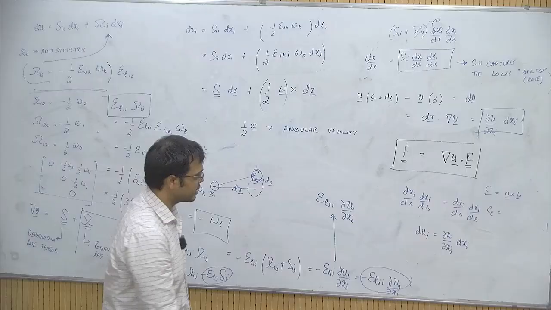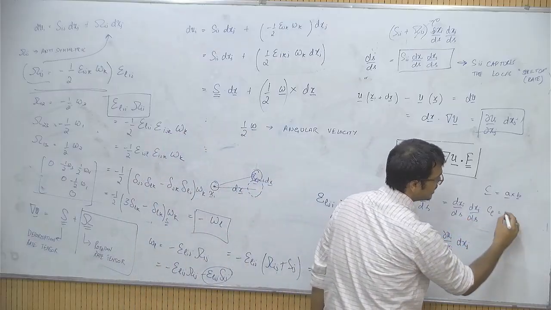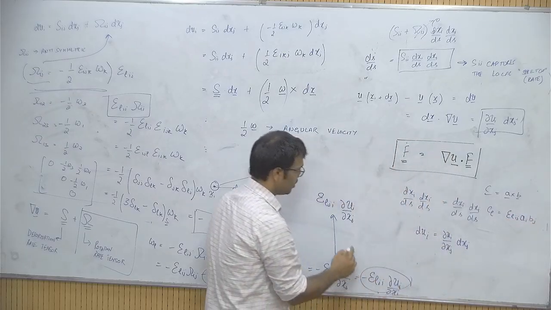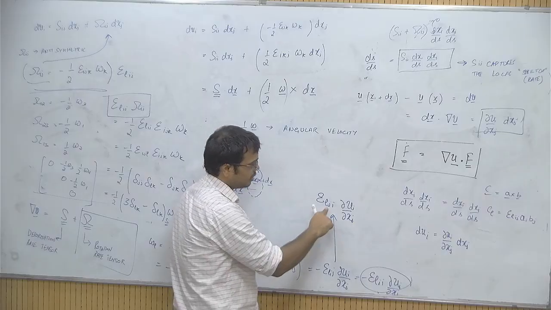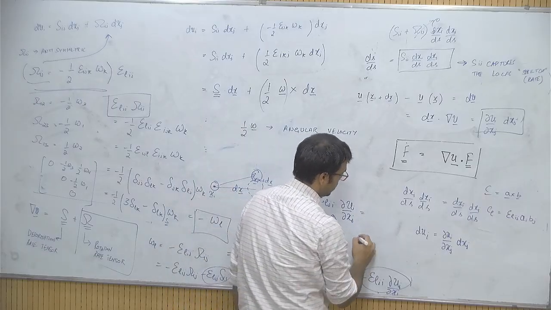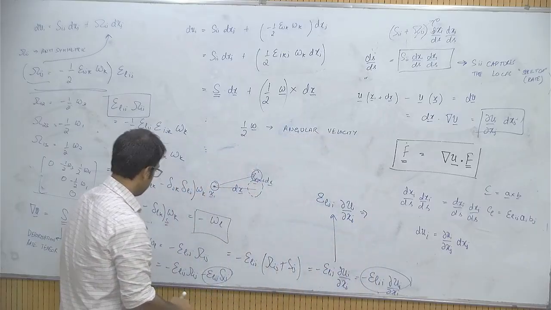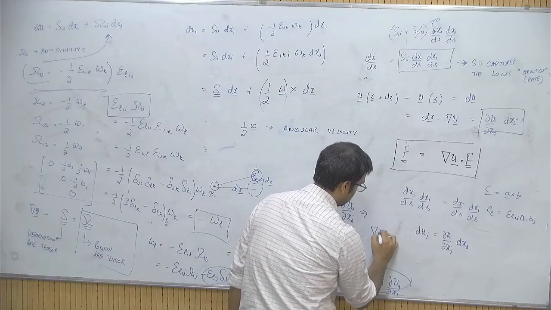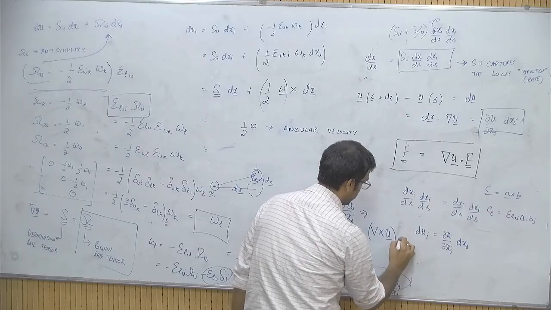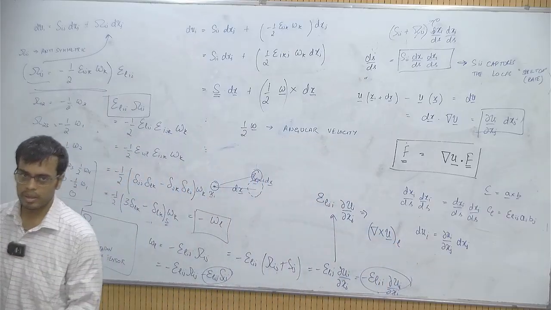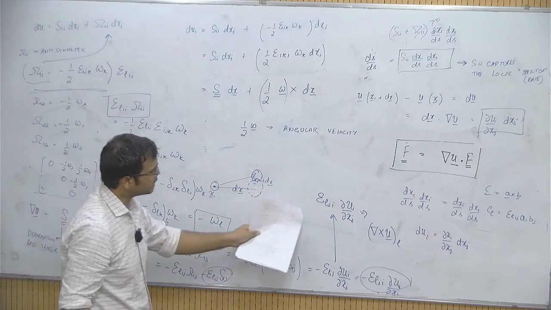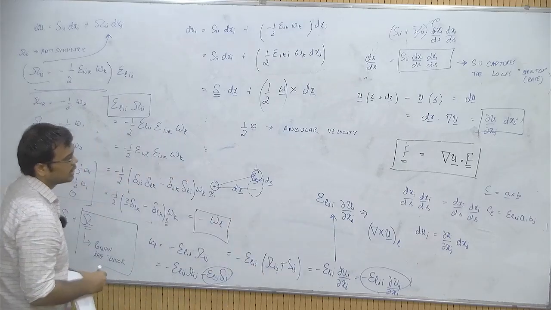Yeah, exactly. The lth component of C is basically epsilon L i j A i B j. If something like that appears here, then this omega L is nothing but the lth component of the curl of velocity.